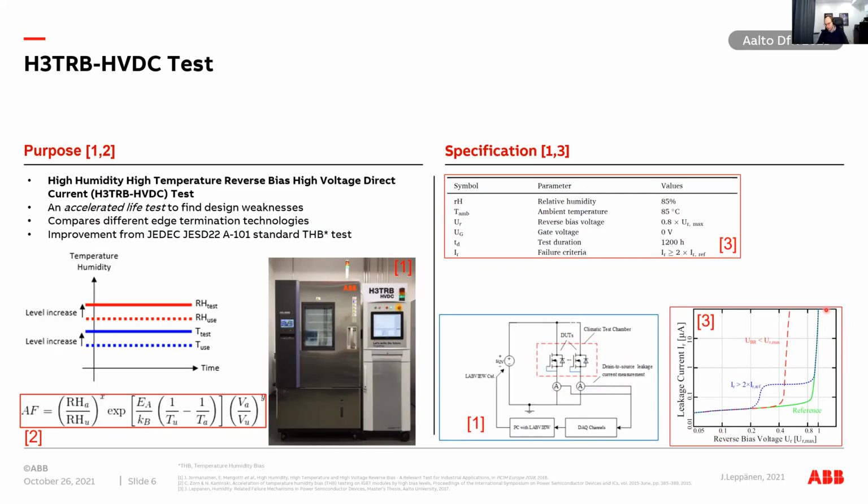And if we look at what happens to this reverse bias voltage blocking behavior during these tests, typically when we start increasing the voltage up to, for example, 80%, the leakage should still be relatively low.